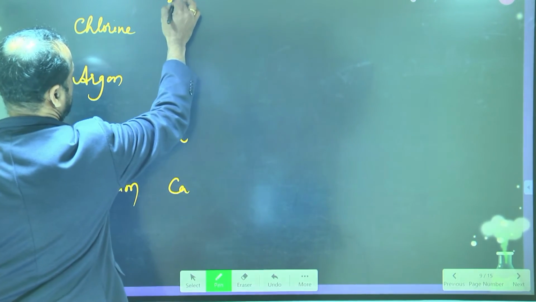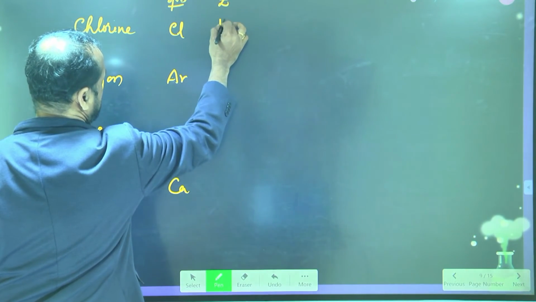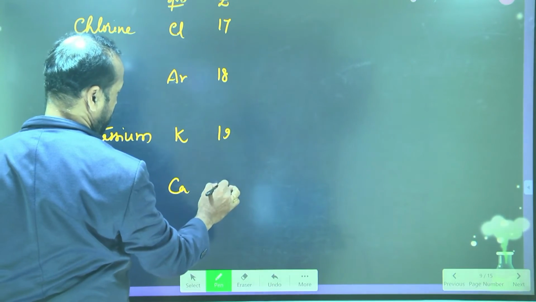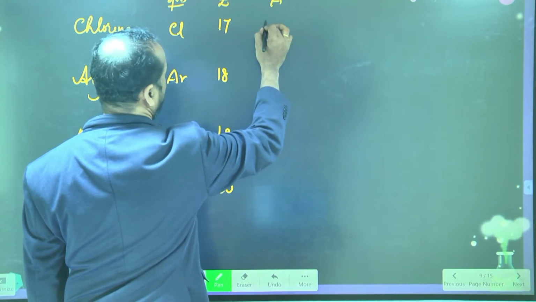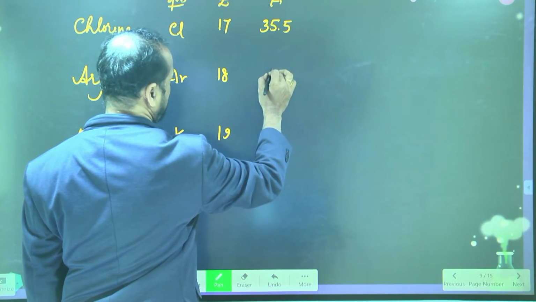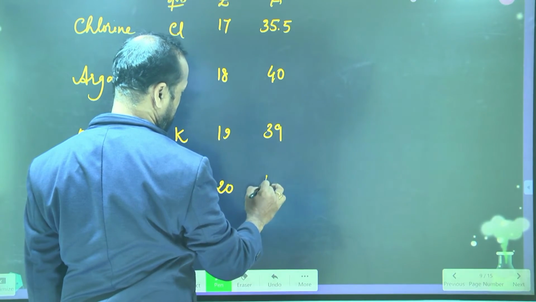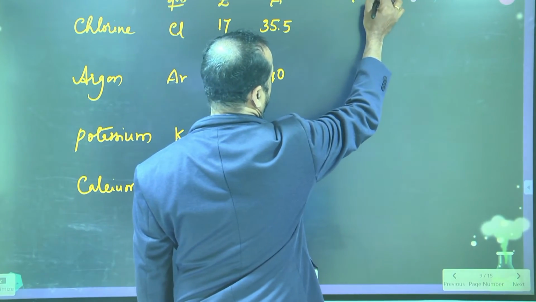These are the symbols. Next, atomic number Z is 17, 18, 19, 20. Mass number for chlorine is 35.5, argon is 40, potassium 39, and calcium 40. The remaining part you have to complete.